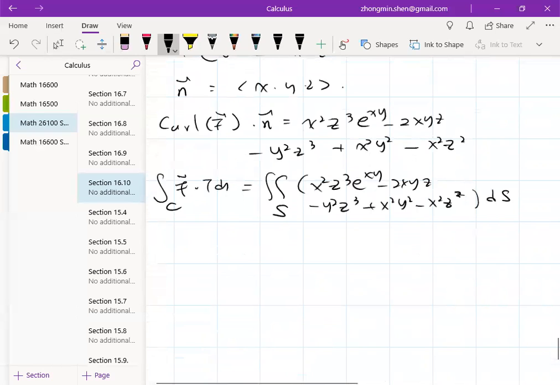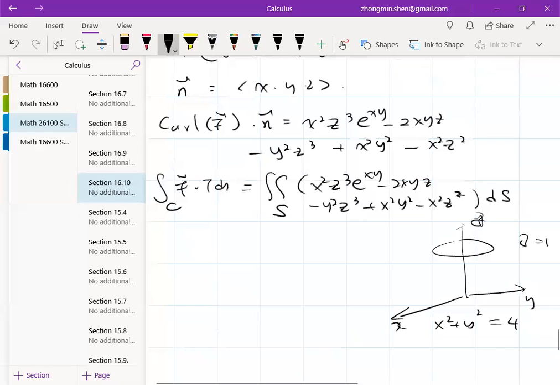So think about this. This is just a circle in the sky, right? And this is z equals 1. If z equals 1, x squared plus y squared is going to be 4, okay? Because 5 minus 1 is 4, because z equals 1.